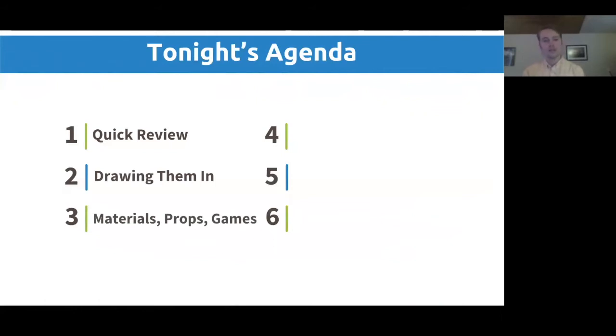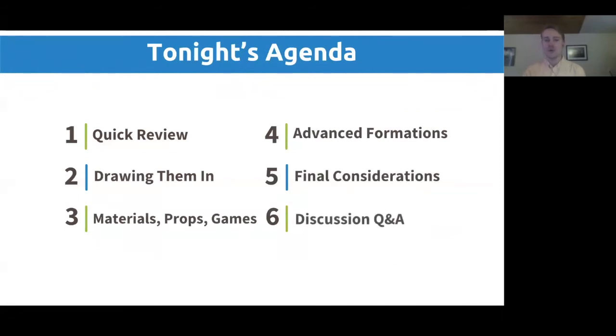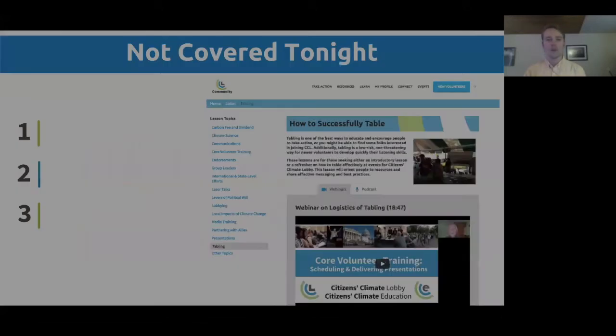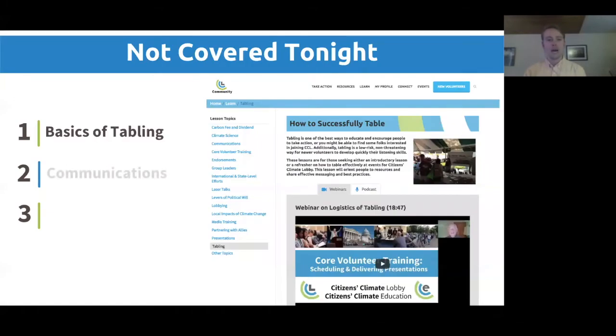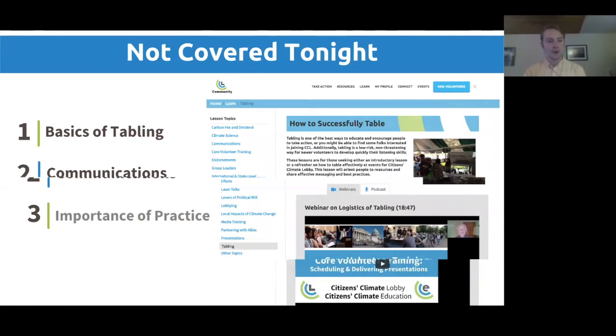We'll have a broader discussion about effective materials, props, and games that people use. We'll have a chance to coach through some advanced formation drills, and then some final considerations before opening it up for Q&A.